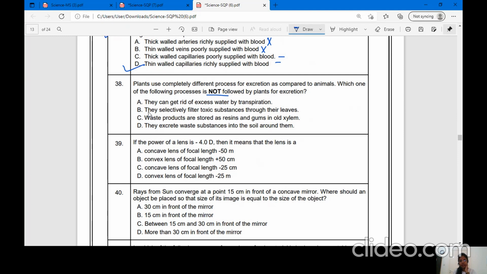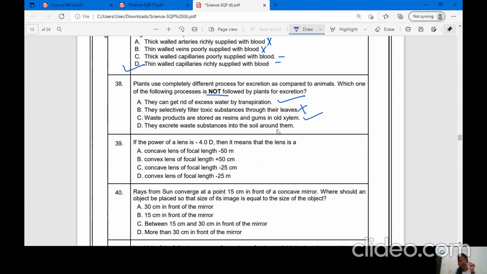A, they can get rid of excess water by transpiration. Yes, transpiration can be one of the methods of excretion. Correct. They selectively filter toxic substances through their leaves. It is incorrect. Let's try C also. Waste products are stored as resins and gums in old xylem.